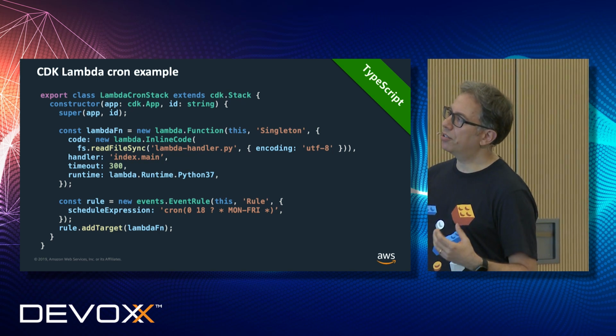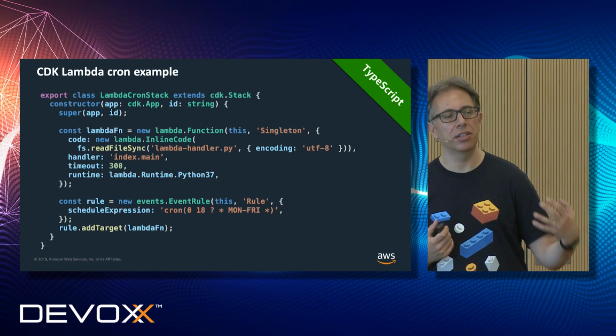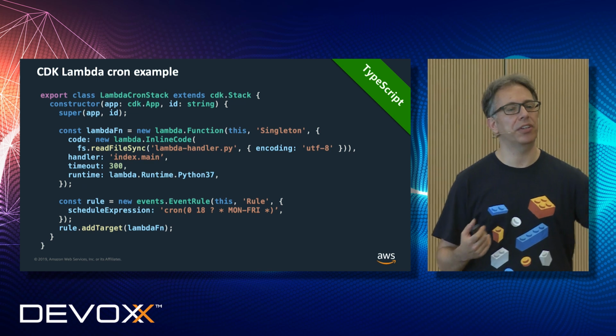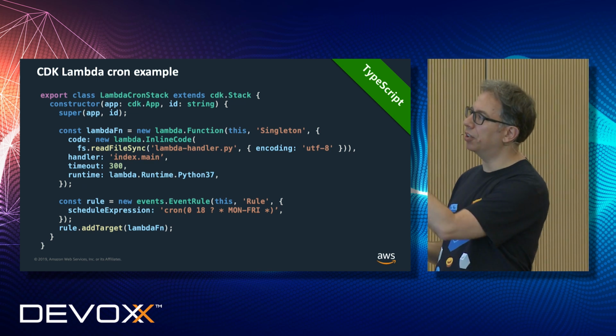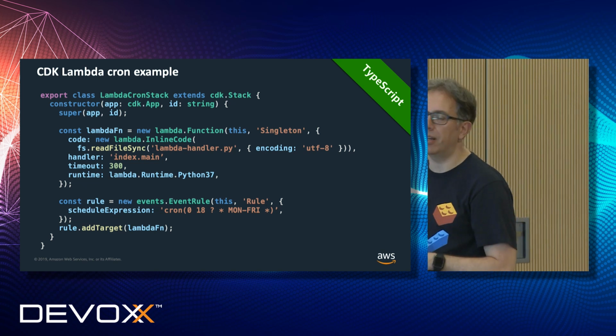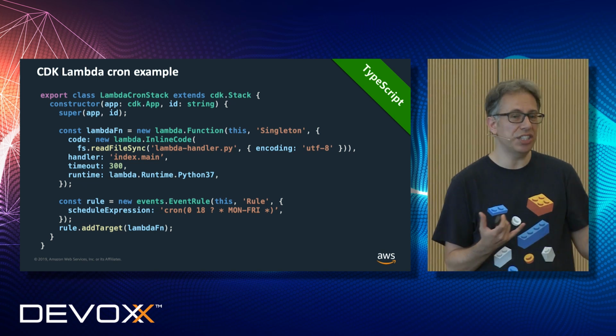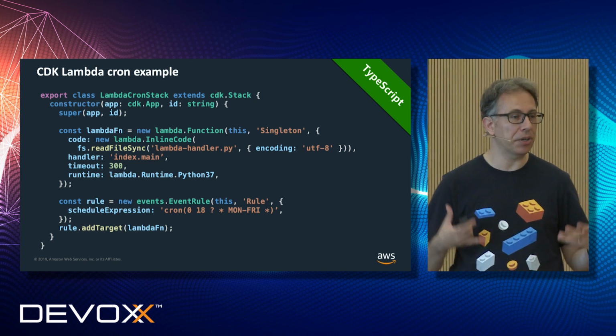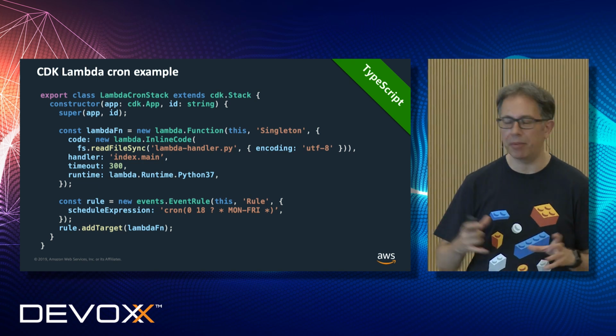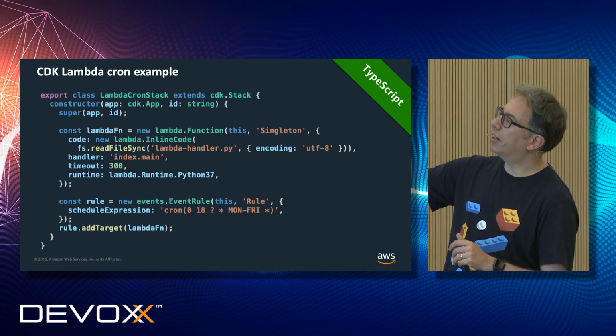And then the idea is to create high-level constructs. These high-level constructs are simplifications of how you can create resources. For example, if you want to create a Lambda function, you can use the Lambda high-level construct that is much easier to use than plain CloudFormation. It's designed by a person who tries to find the default parameters and how to use it.